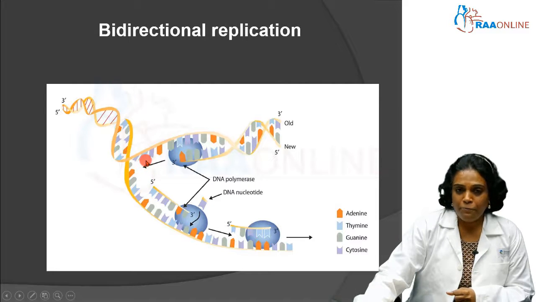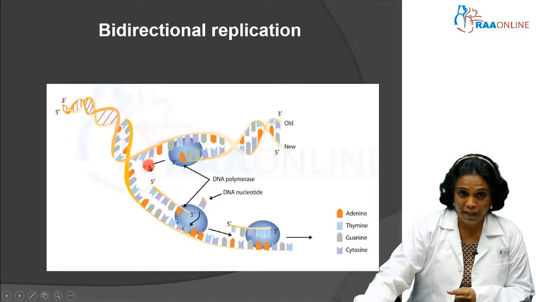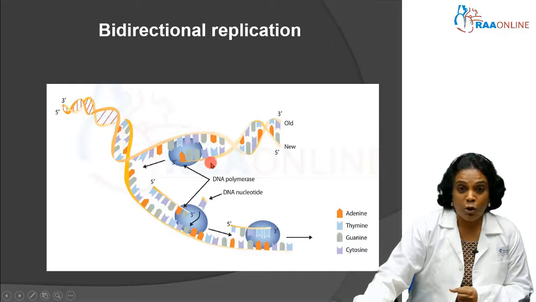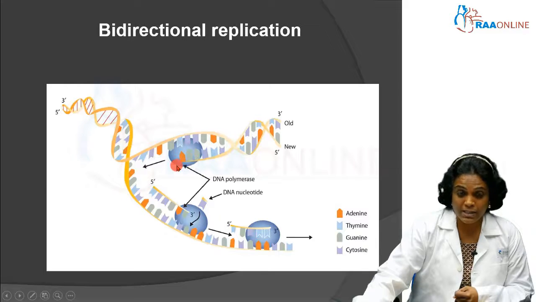Now there are different enzymes that are responsible for the replication process. One is the helicase enzyme, which helps in the unwinding of the DNA. The second one is topoisomerase, which will prevent coiling or winding. The third one is the polymerase, which helps in the synthesis of the DNA strand.